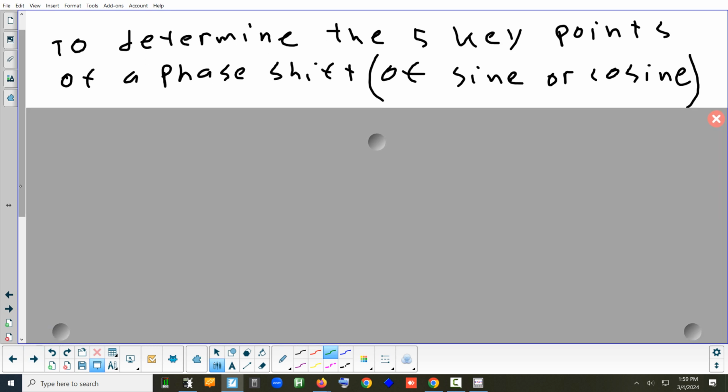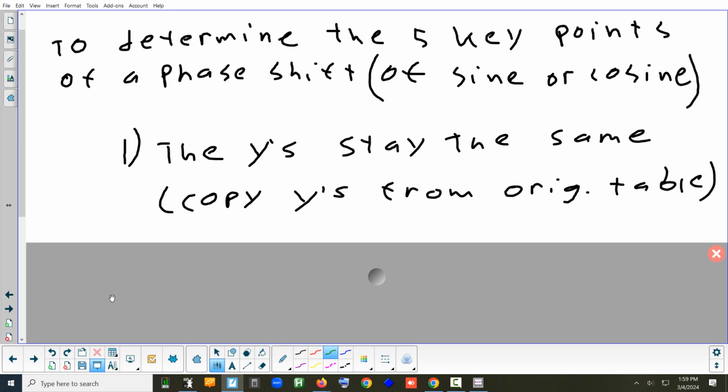So how do we figure out where those 5 points in the original table move to? Well, when we shift left and right, what isn't affected at all? The y values. So as far as figuring out the new points on our graph, the y values, you can copy those down from the original table I gave you. Nothing happens to the y values.